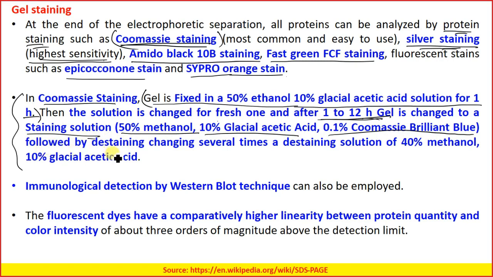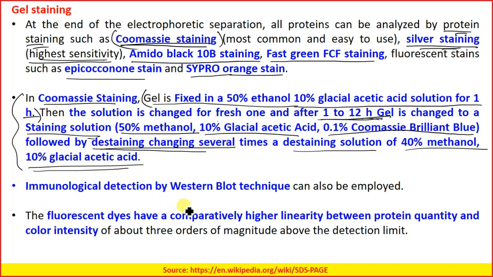Thereafter we perform the destaining step, where we use a destaining solution of 40% methanol and 10% glacial acetic acid, and after washing, we can directly take the pictures.